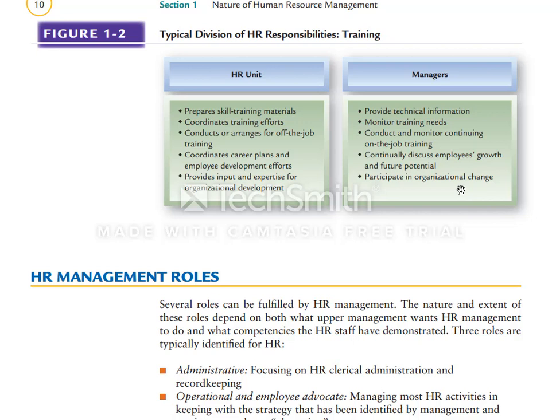So HR manager's role is to prepare the skills, then deal with the training programs, coordinate the training programs, coordinate the career planning of the employees, and help in the organizational development. The role of the managers is to help in technical issues of the employees. Since they are the line managers, they deal with the technical aspects of the organization and the employees, and to help in the monitoring of the employees, and to discuss the employees' development.